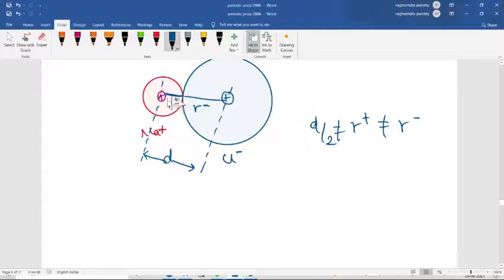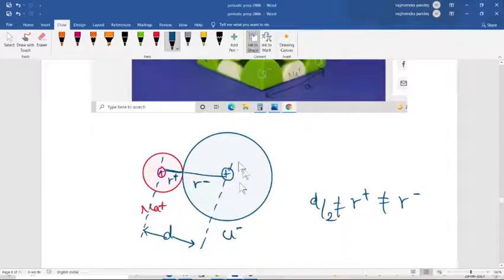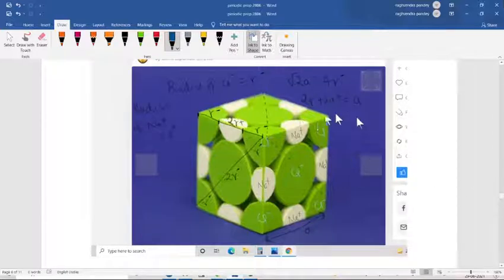The sodium ion radius is r positive, the chloride ion radius is r negative. So that doesn't make any sense here, so we don't write like this. Always remember, there is a technique called X-ray crystallography, and after that we measure the distance a, then we do a whole lot of calculations there.